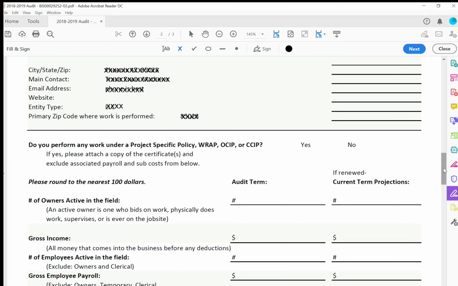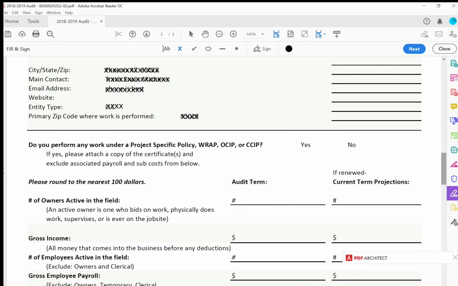So if you're a plumber, they assign a dollar amount per payroll, $100 or $1,000 or however they set it up with you. The administrator for the wrap up policy should tell you ahead of time. You subtract that out of your general liability when you're going through the audit.